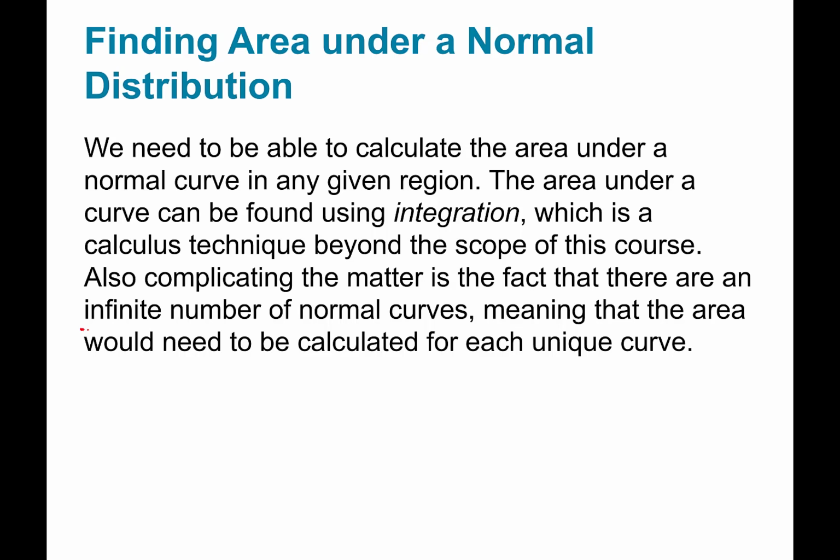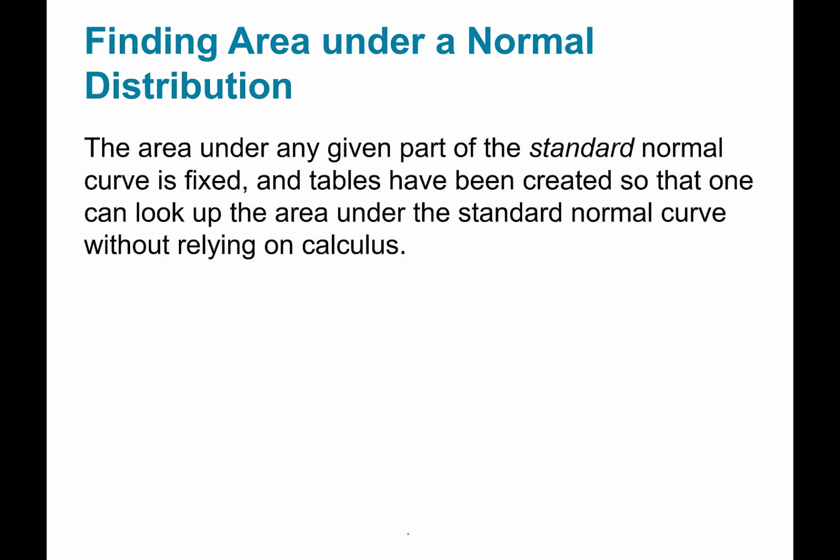I said that the other day, but there are an infinite number of normal curves. So if we wanted to find the area for any normal distribution, we would have to do this for every single normal distribution that exists, if you're doing it by hand. Now, for the standard normal distribution, remember this is also the z distribution.